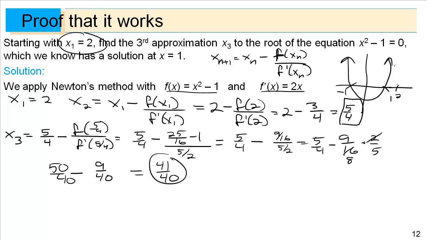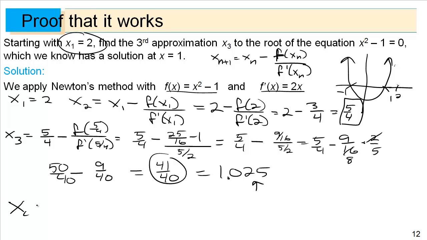Because 40 over 40 would be 1, and in fact, if you do 41 divided by 40 in your calculator, 1.025. So that's how big our error is after 2 iterations. I mean, it's the third approximation, but we really only had to do things twice because the first approximation was just our first guess.